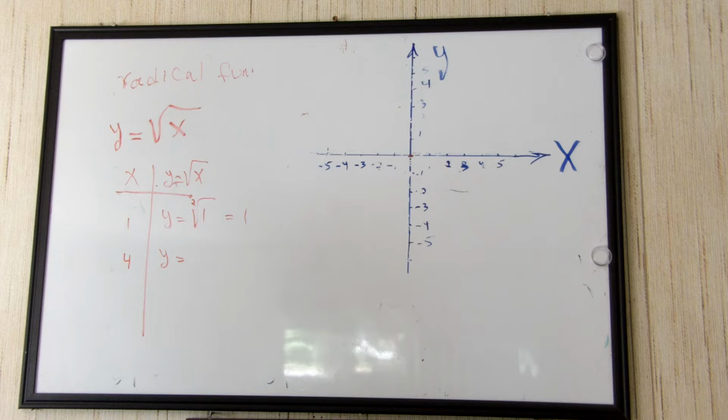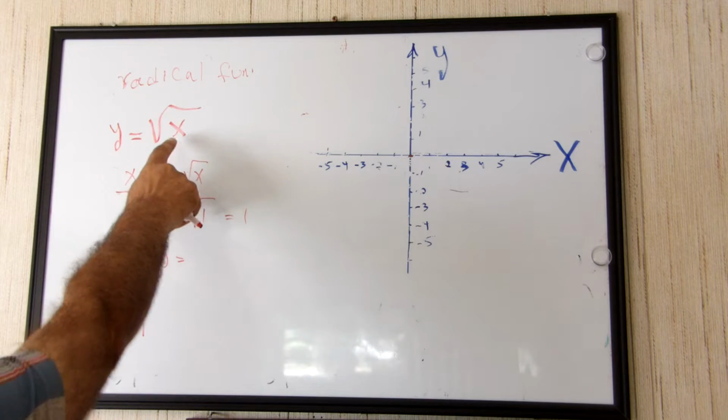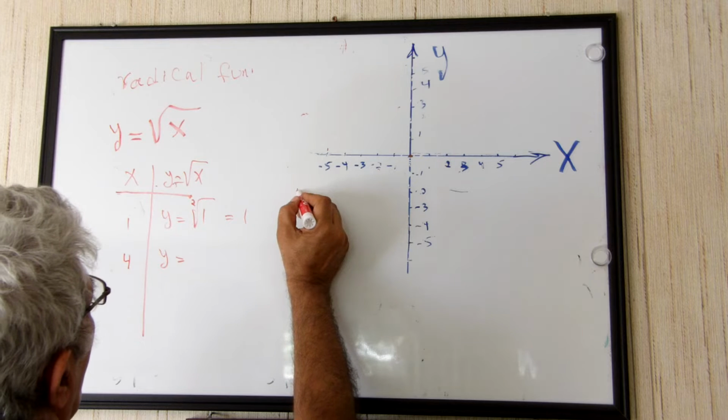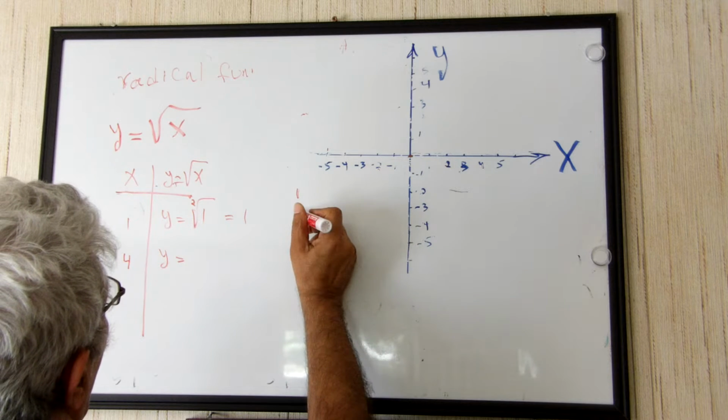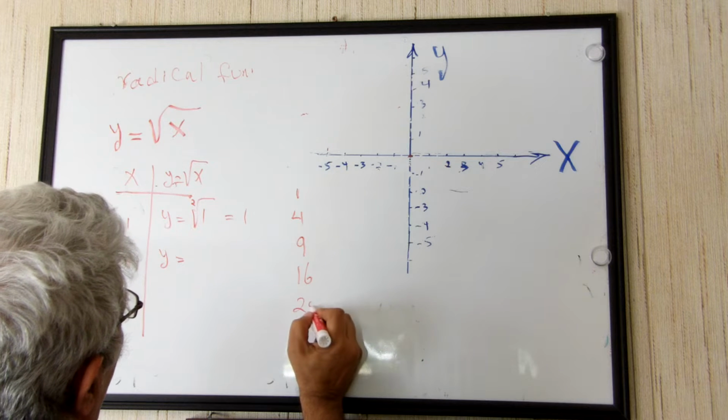So what numbers do you choose? Like 4 and then 9, 16, 25.